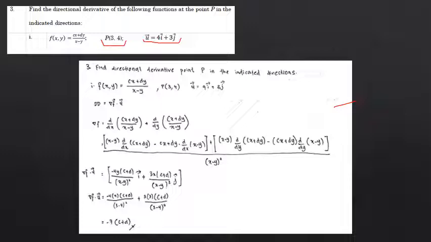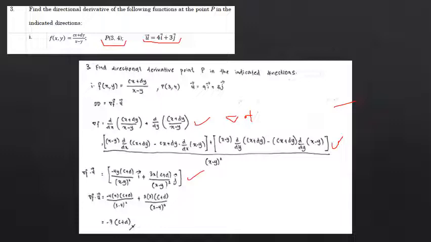To find the directional derivative, this is my first step. Find the operator, the gradient of f, by using the quotient rule, and we will get this new equation.